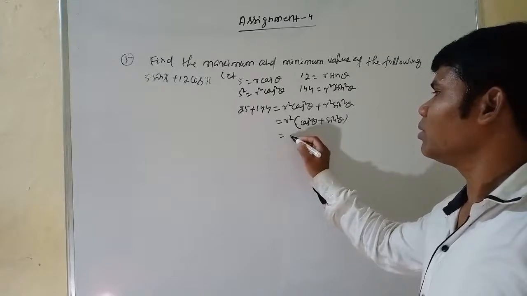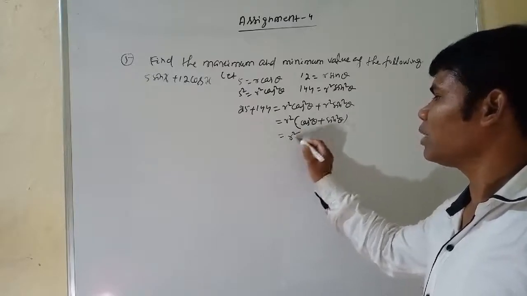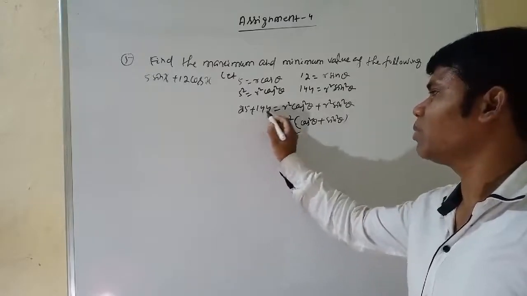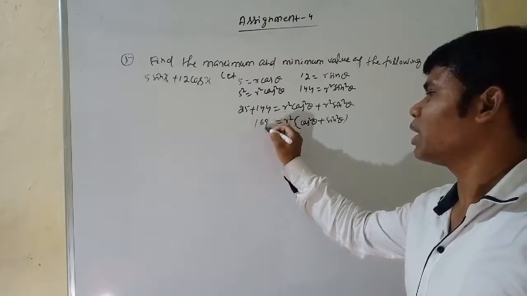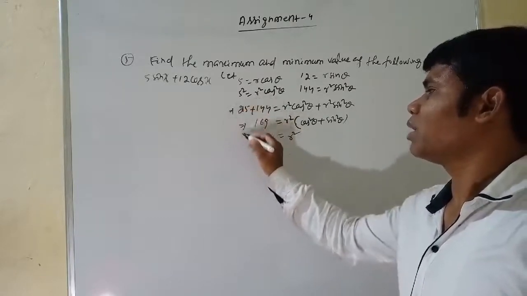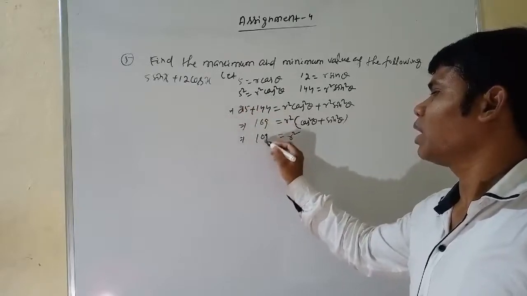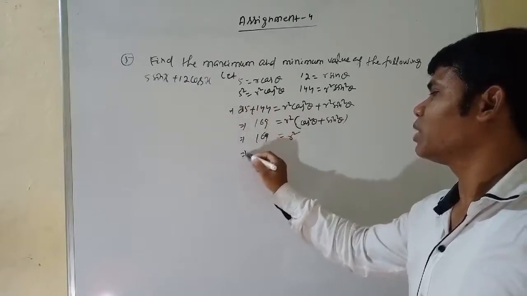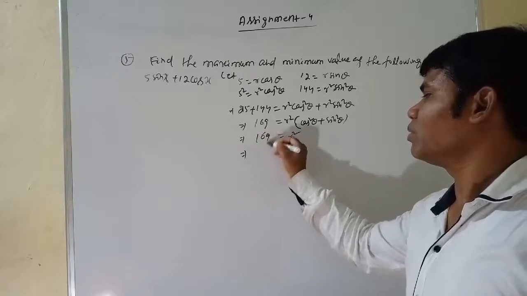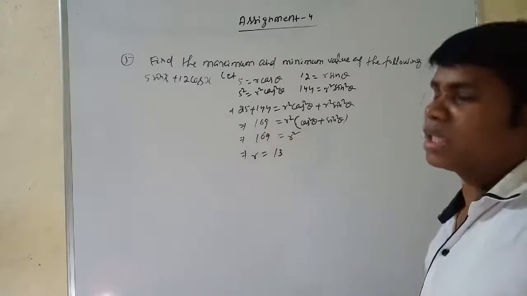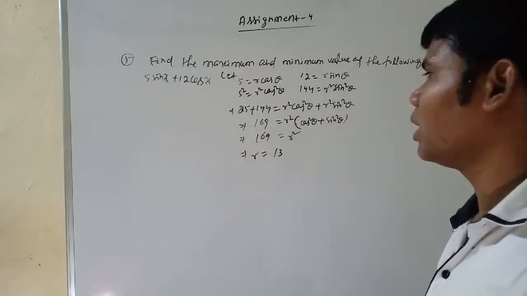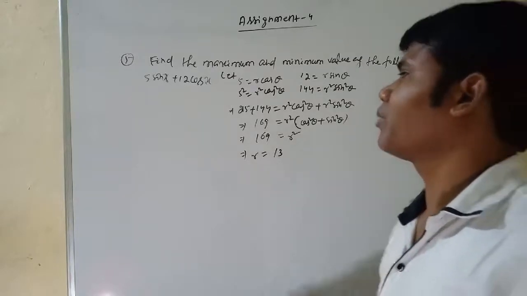So it is equal to r square into 1, that is only r square. Here you see 25 plus 144, that is 169. Okay, r is equal to how much? r is equal to plus or minus root 169, that is 13. I can take positive. Okay, r is equal to 13.